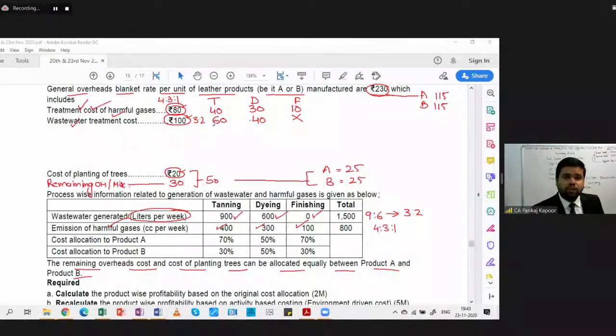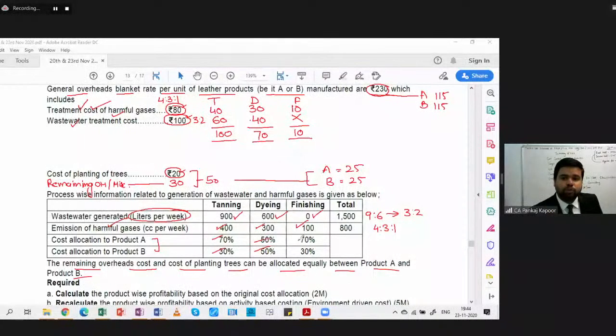But what happened to this 100 rupee which we incur in relation to the environment in the tanning department? What happened to this 70 rupee which we incur in relation to the environment in the dyeing department? What happened to this 10 rupee? For this, a cost allocation technique is given to us. This 100 rupee needs to be distributed in the ratio of 70 and 30. This 70 rupee needs to be distributed in the ratio of 50 and 50.